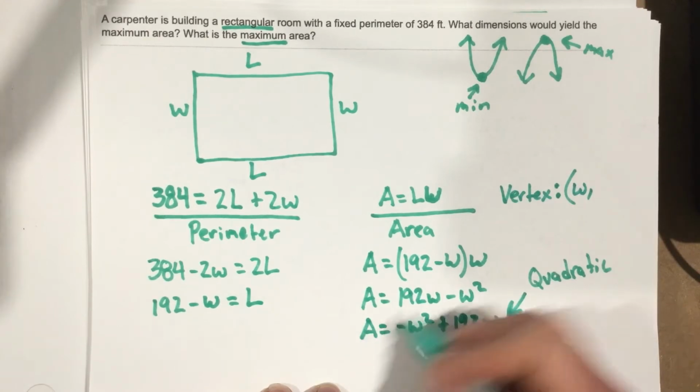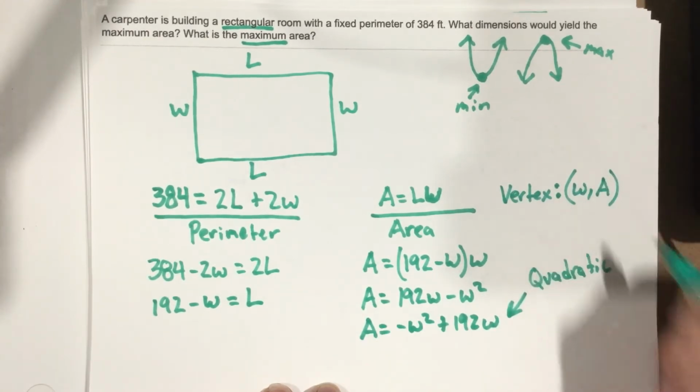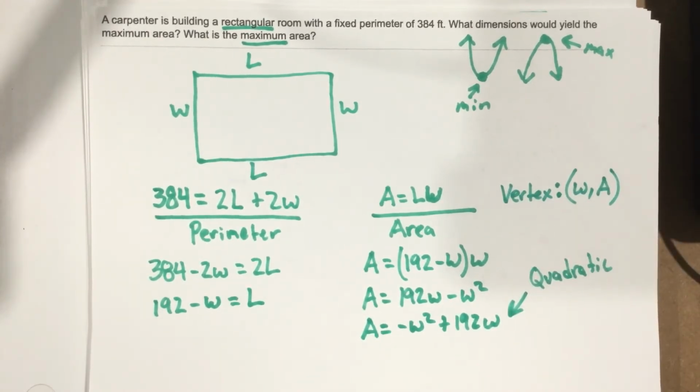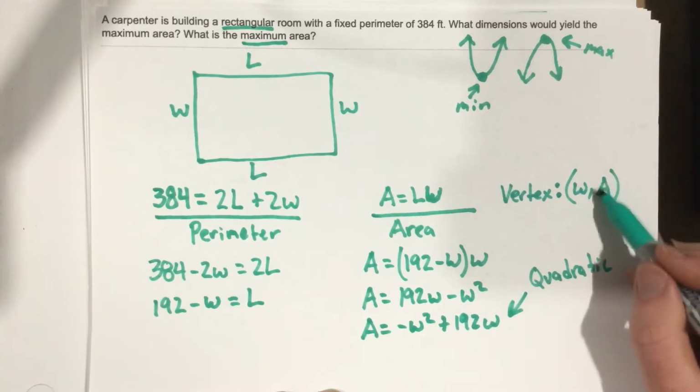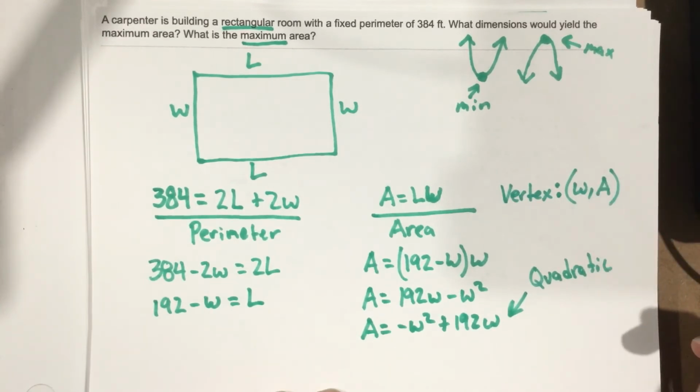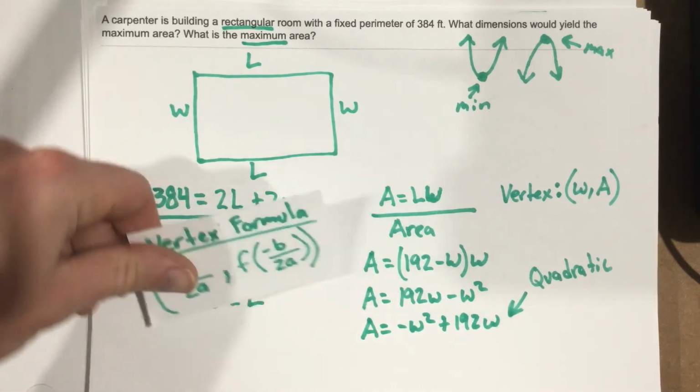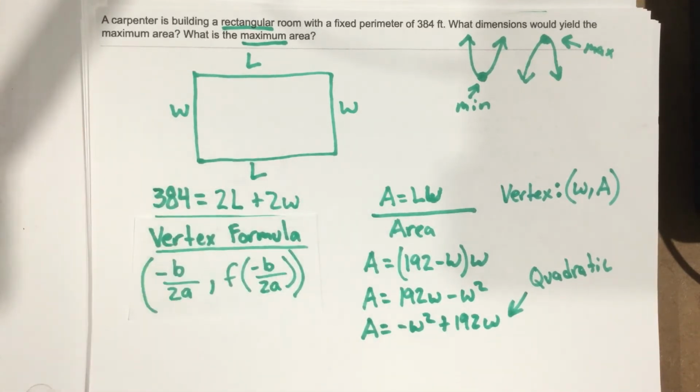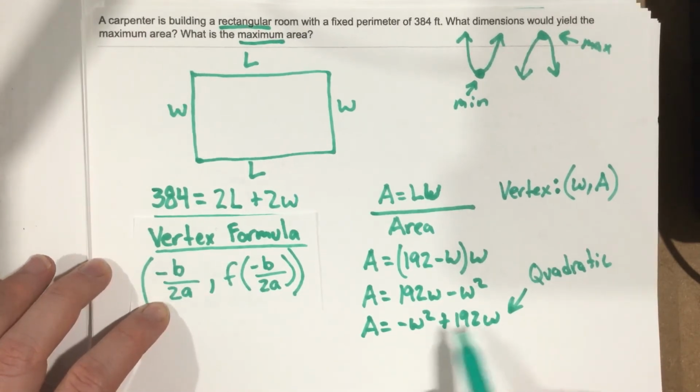The y value is the area. So if I want to maximize the area, all I've got to do is find the vertex and look at the y value. And that'll be my maximum area. So let's go to our vertex formula, and let's use this negative b over 2a to solve this problem.